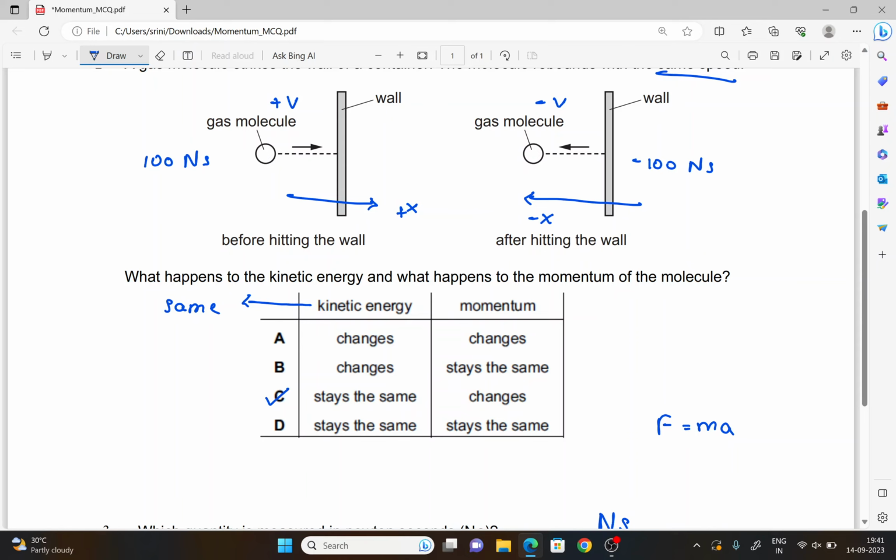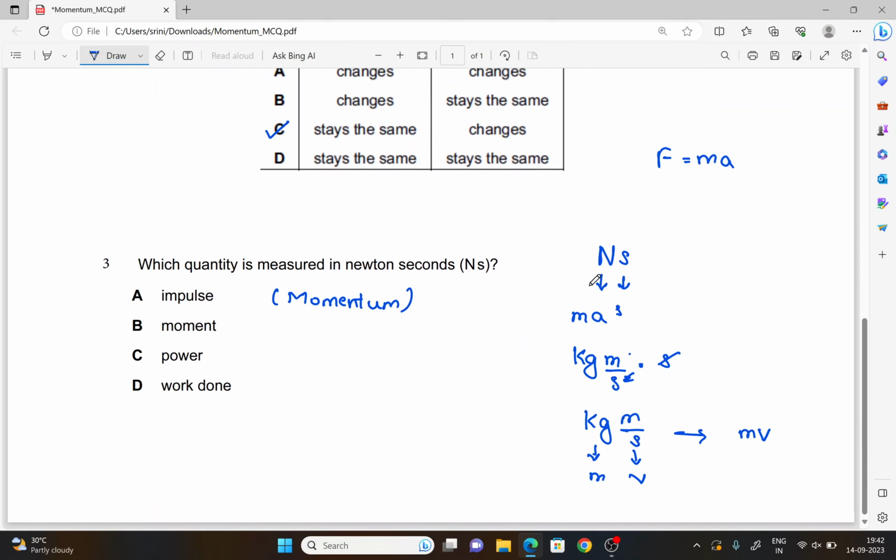That means the change in momentum is final momentum minus initial momentum. So minus 100 minus 100, which is minus 200, and still the unit is Newton seconds. That is the change in momentum. The change in momentum or impulse also has Newton second as a unit. So in this question, we can say impulse is the right answer because both impulse as well as momentum share the same units. Alright, so that's all with this worksheet.